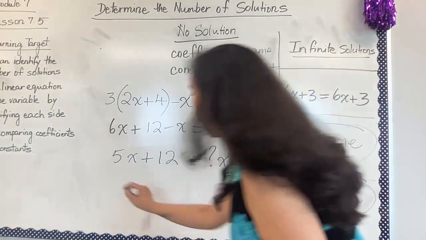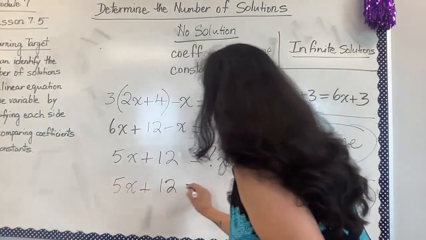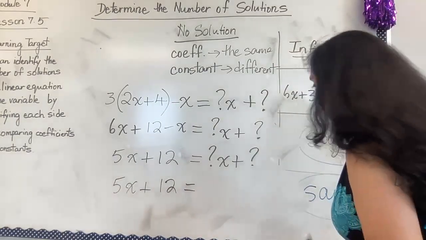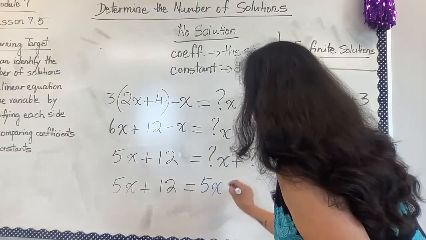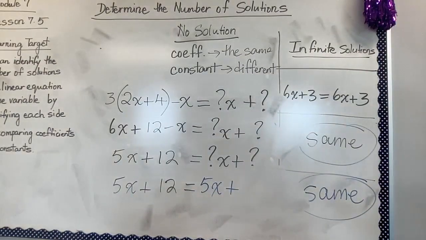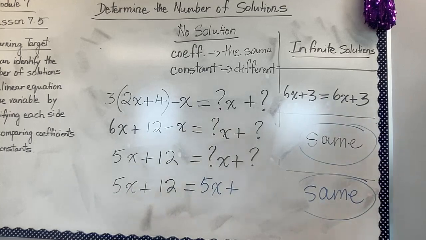So when I'm writing it out, I can have the same coefficient, 5x plus 12. The coefficient can be 5, because the coefficient has to be the same. So 5x plus a constant that has to be different. I can write any number for the constant, because we're just trying to complete the equation so that there are no solutions.